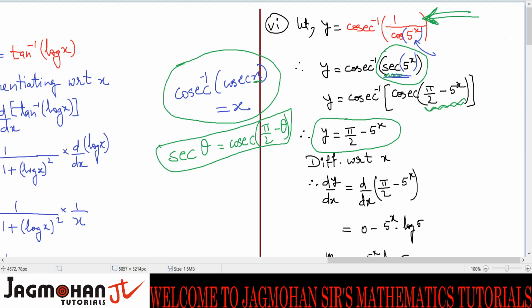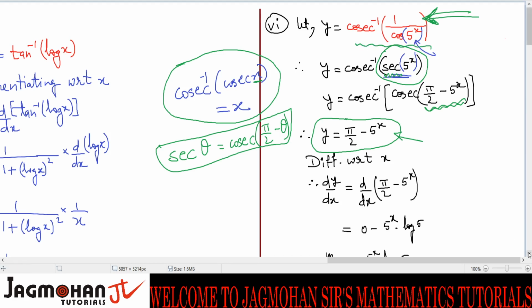That will lead to trouble. But when you simplify this using your expertise in trigonometry or whatever mathematical manipulation or simplification is concerned, you will always end up getting a simple function. Now see, differentiating this function compared to this function is far simpler.